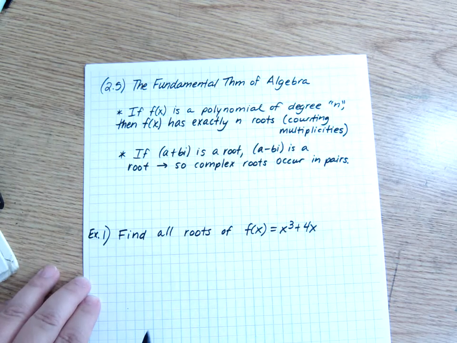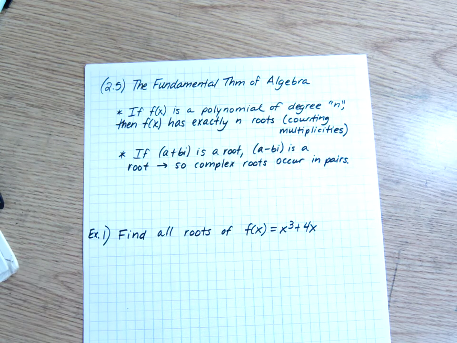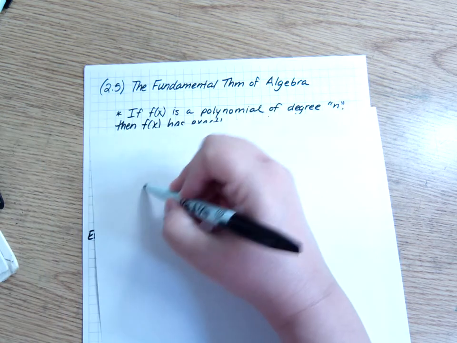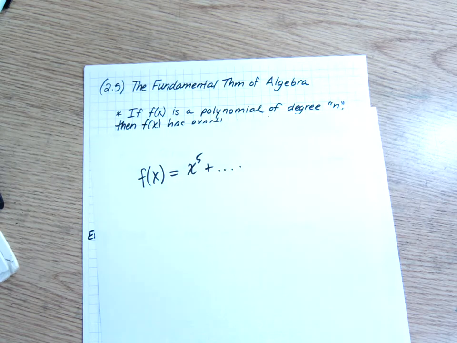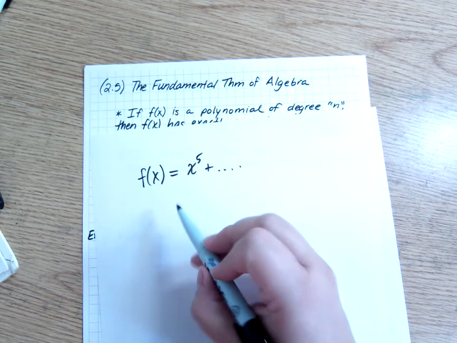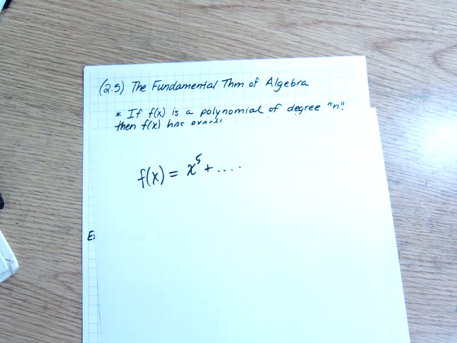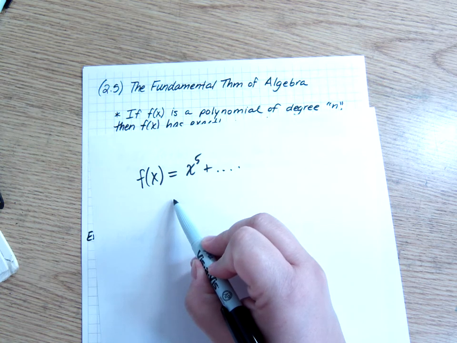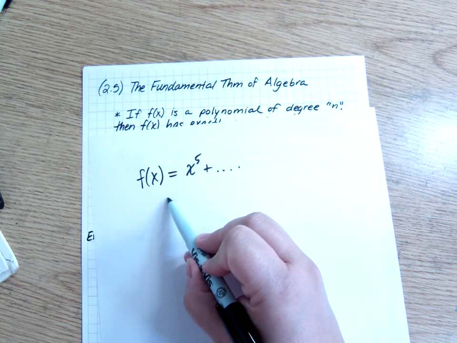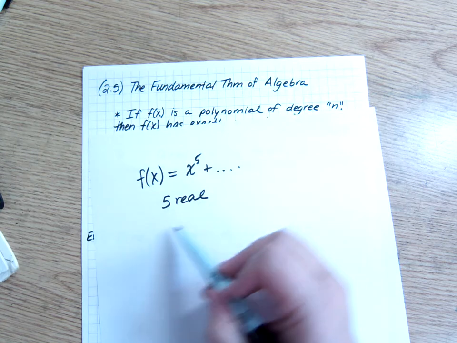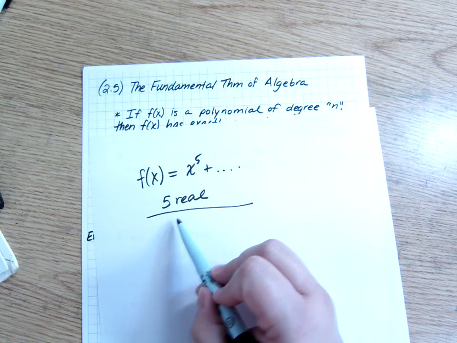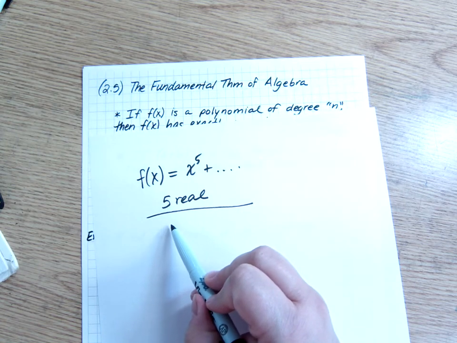So that means if you have, let's say, a polynomial of degree 5, then I have 5 roots, if we count multiplicities of 2 or 3 as multiple roots. So what if all 5 of them could be real? That's one possibility. Another possibility: could I have 4 real and 1 imaginary?